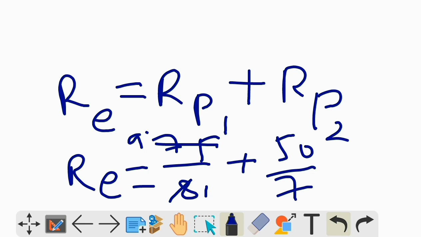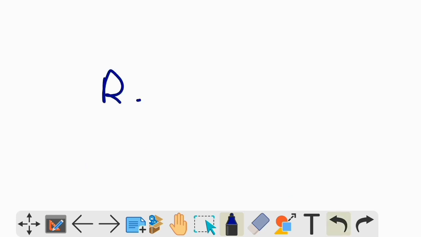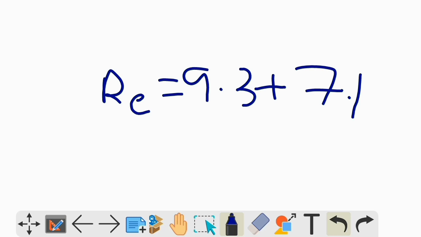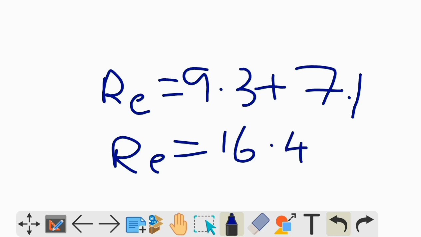Point. Again 3 will be remaining, so 9.3 we can take. Now 7 sevens are 49, isn't it? 1 will be remaining, let's take 7.1. Then the equivalent resistance value we will get as Re is equal to 9.3 plus 7.1. Add it. 9 plus 7 is 16, 3 plus 1 is 4. So about 16.4 ohm.